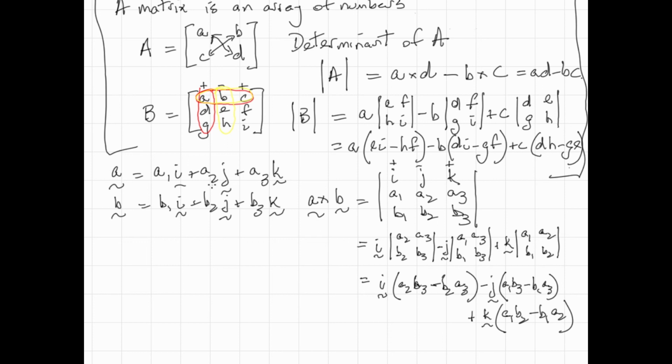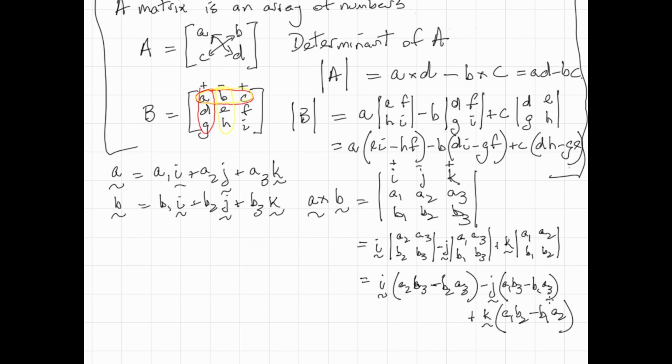Given that we've got values for A1, A2, A3, B1, B2, B3, we can actually work out the cross product of A and B and get a final answer as so many i's, so many j's, so many k's. And that will give us a vector in 3D.